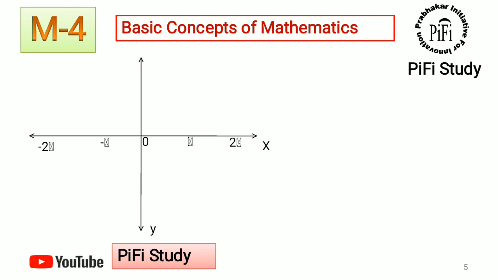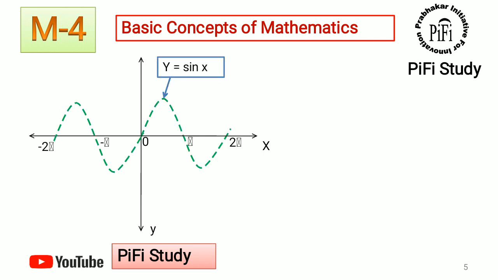Next, if you want to plot the graph of y = sin x, you can plot it like this. Then if I tell you to plot y = -sin x, how will you plot it?